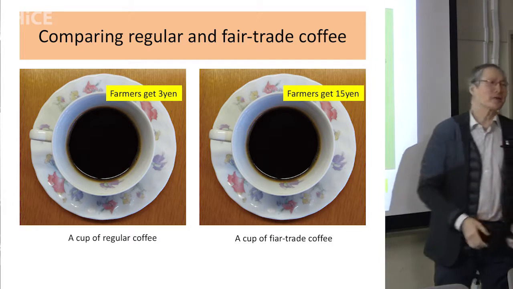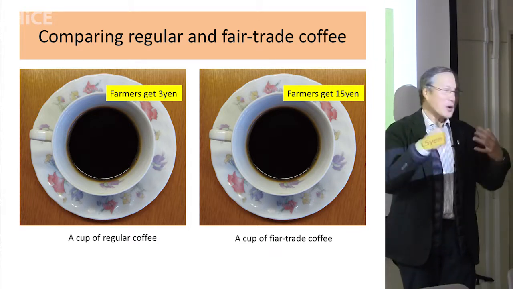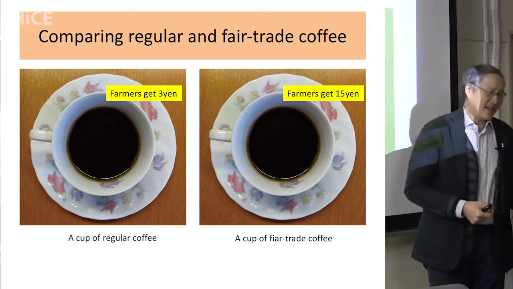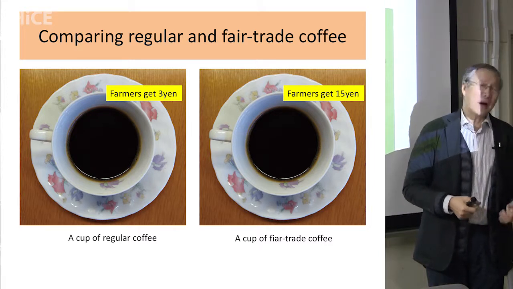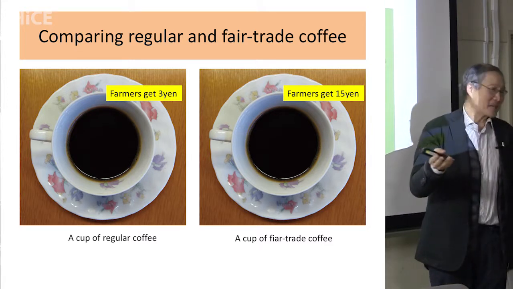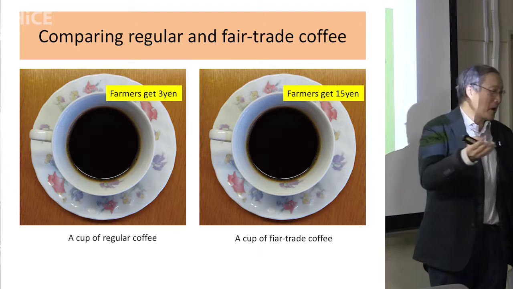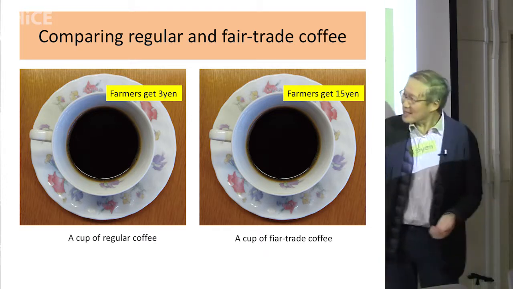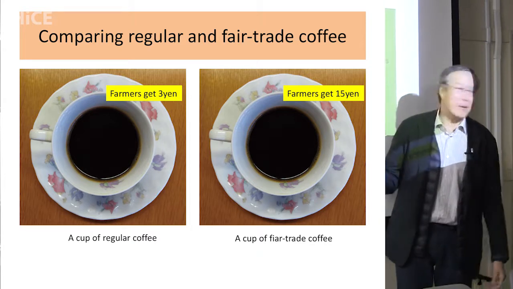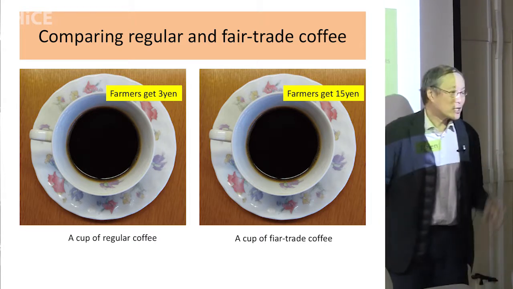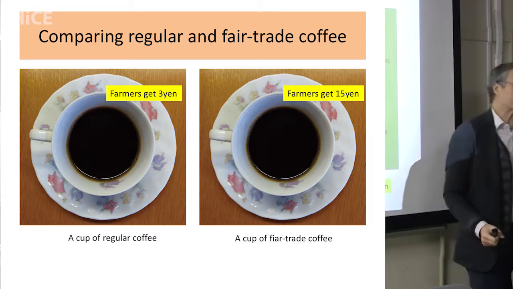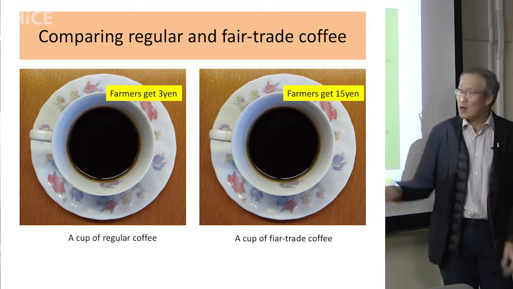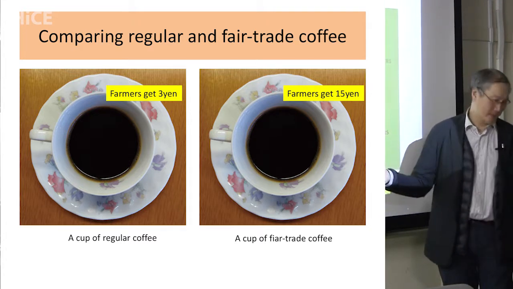But if you think about it, the farmer works so hard, and it's probably difficult to imagine, because how many of you have been farmers? Maybe not. But in this case, in the regular cup of coffee, only 3% of the income goes to the farmer.